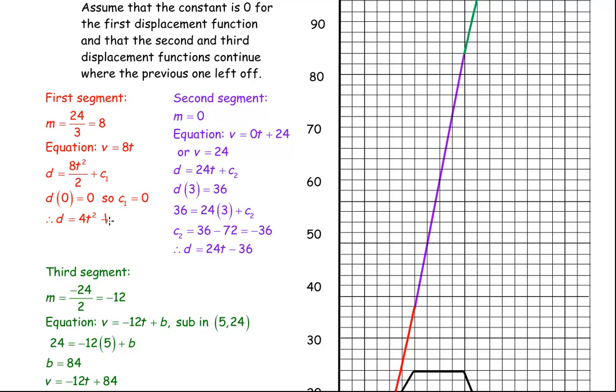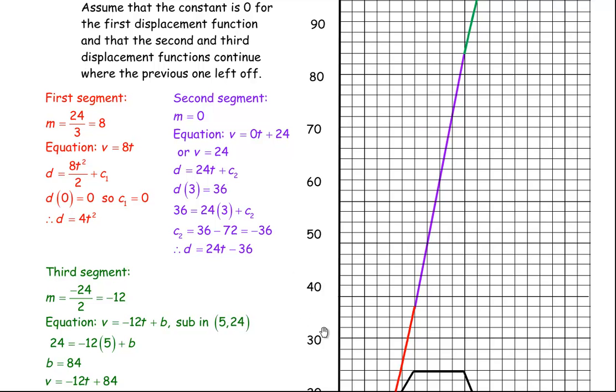So if we call this plus that constant C1 in the end, and we put 0 in place of the displacement and 0 in place of the time, it actually looks like this. And so this is 0, and that's why we would get C1 to equal 0. So d equals 4t squared.